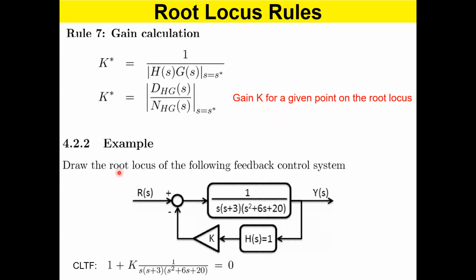You are supposed to draw the root locus of the feedback loop here. And we also know that this is the open loop plant, open loop transfer function. And when you have the closed loop, it is 1 + K G(s)H(s), H(s) is 1. So therefore, it is 1 + K G(s) = 0.